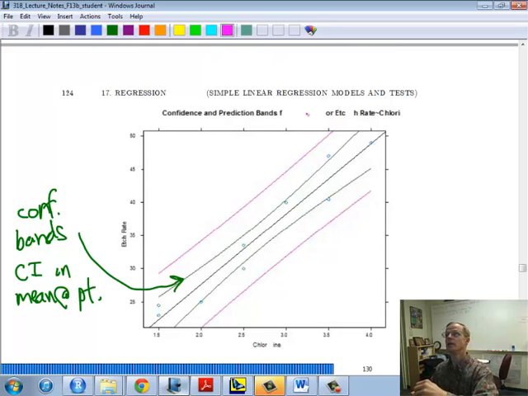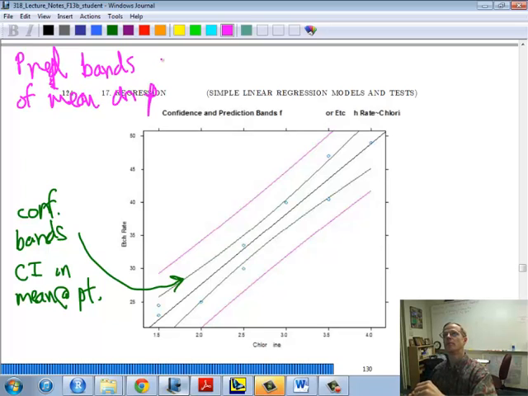These pink guys here are the prediction bands of the mean on a point. The pink guys are always going to be outside of the green guys.